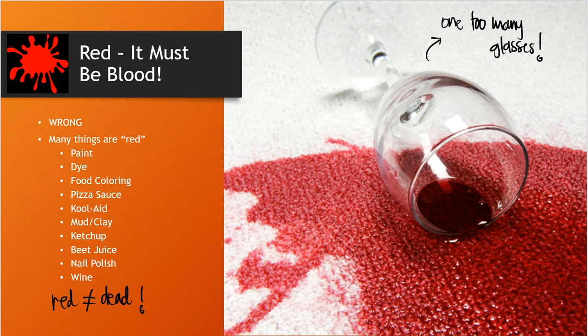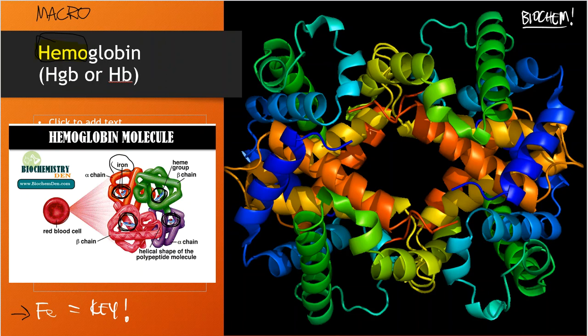So if we can play off of the hemoglobin molecule, and that in particular means the iron that's associated with it, then maybe, just maybe, we could do a very quick test to see if something is possibly blood.